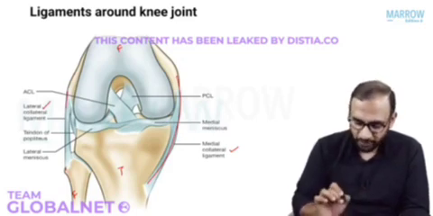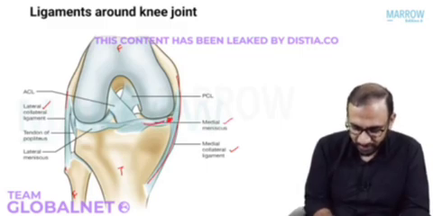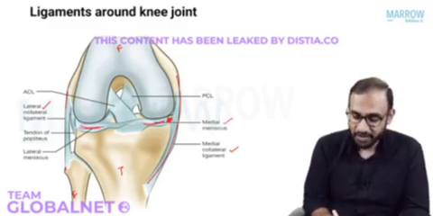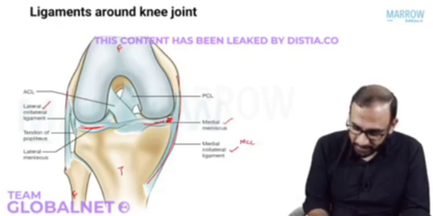Now, if you pay attention, you will notice that the medial collateral ligament is adherent to the medial meniscus, which is this structure here on the medial side, and the lateral meniscus is this structure on this side. The MCL is adherent to the medial meniscus, and please keep this in mind.